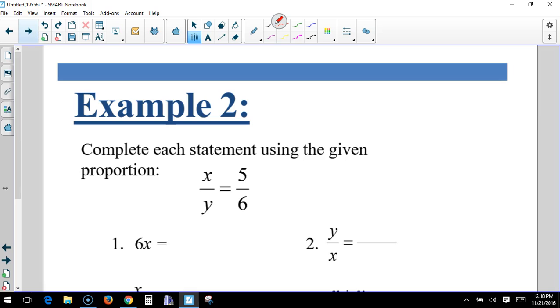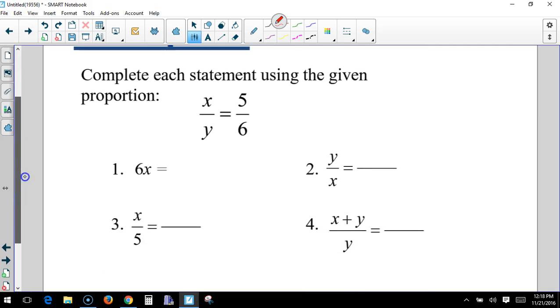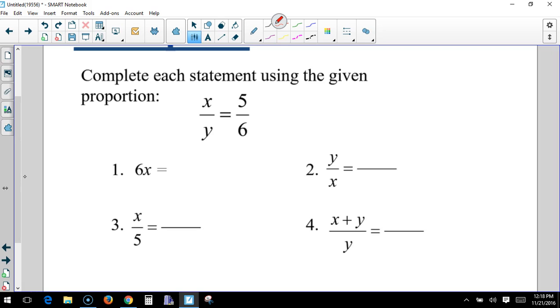Okay, complete each statement using the given proportion. 6x. Well, you get that from doing 6 times x. So that is equal to 5 times y. Okay? Y over x. Well, now we're looking at upside down. So that's going to be 6 over 5.